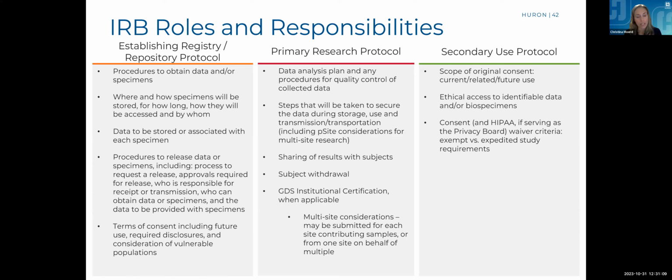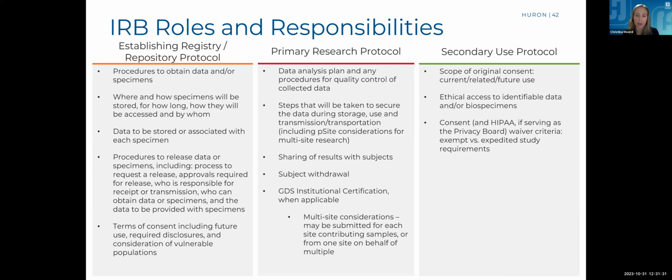Many of these considerations also apply to review of a primary research protocol where data and/or biospecimens may be collected and sent to an established biorepository. Additionally, the data analysis plan and quality control methodology are described, as are steps taken to maintain security throughout management of the data.